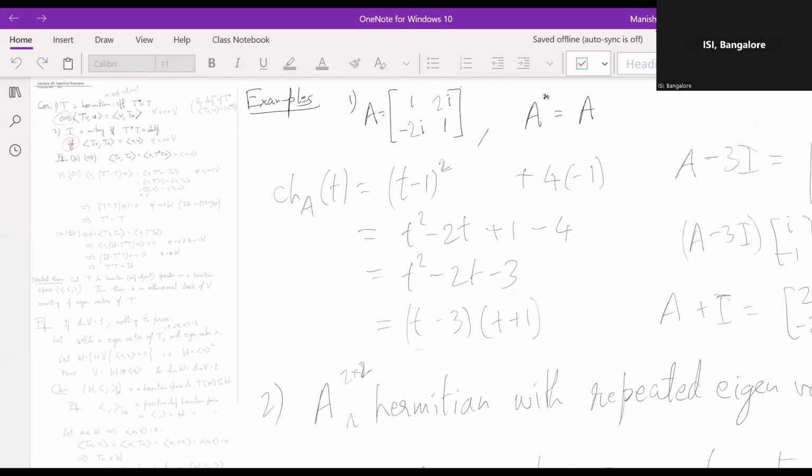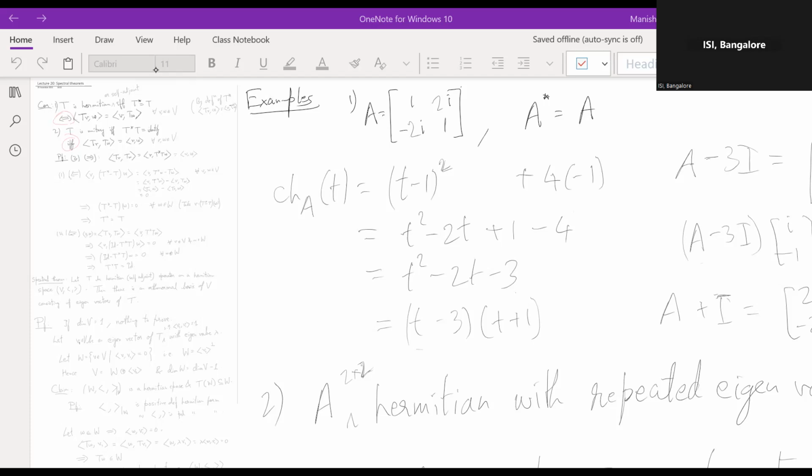So let's work out some examples and see what happens. For instance, let's look at this matrix A. For 2 by 2 it's sort of easy to figure out things, but here you don't even have to do any computation. You just look at the matrix and you realize that it's Hermitian, self-adjoint. So it has to be diagonalizable.